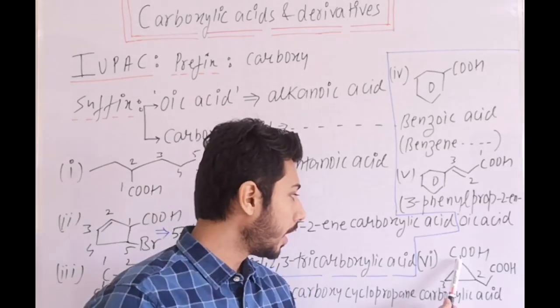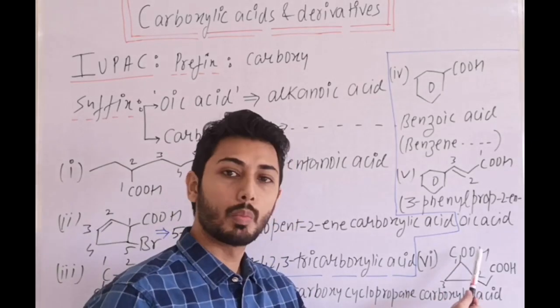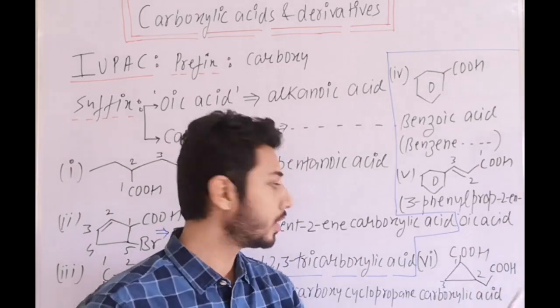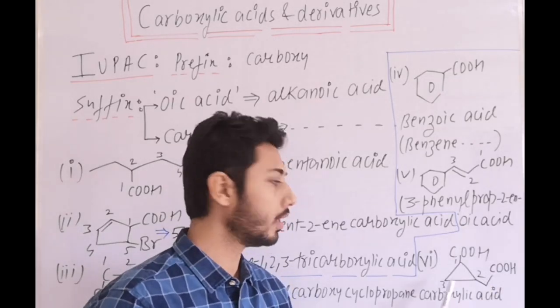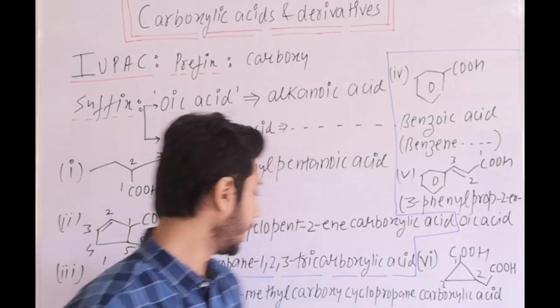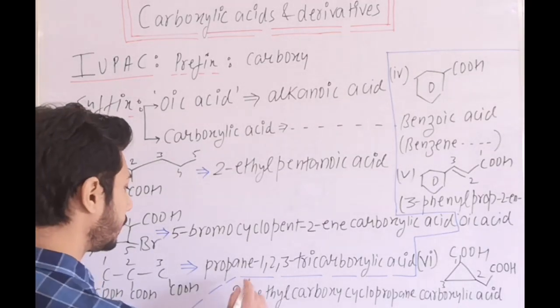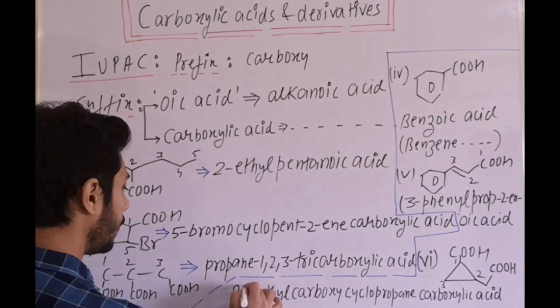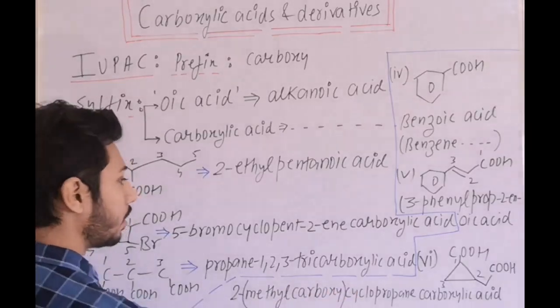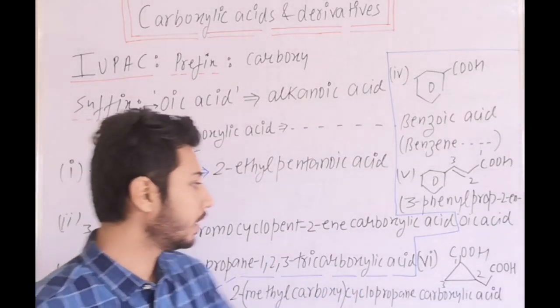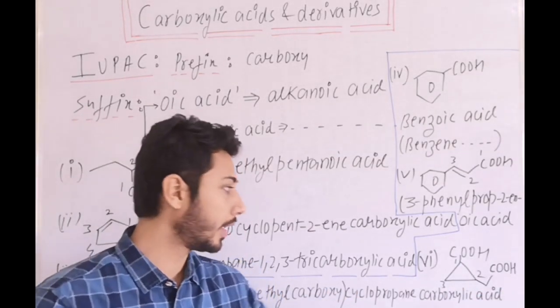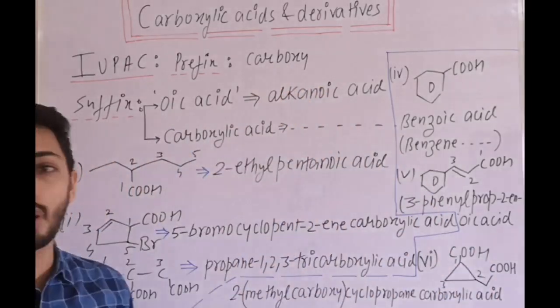Therefore select number 1 where the carboxylic group is present, then the substituent will get the second number, then the third number. Now at the second position we have a substituent which is methyl, and then COOH we will name as carboxy because it is now a prefix.